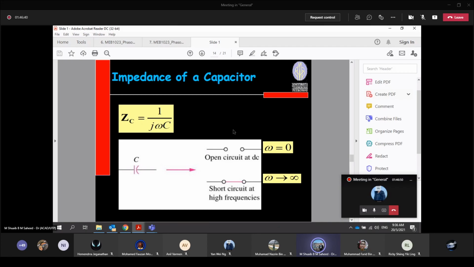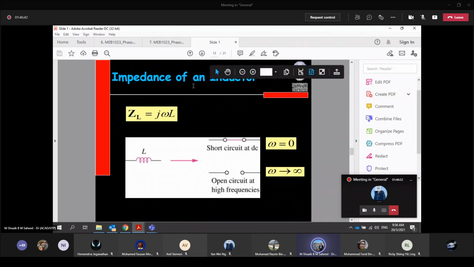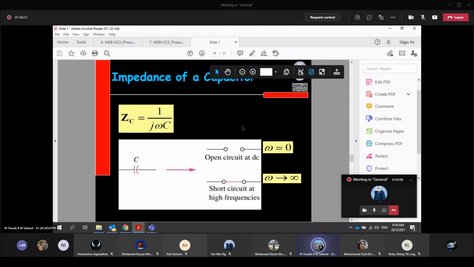Okay, straightforward. Any questions on these two? Impedance of inductor and capacitor at omega 0 and omega infinity. Any questions? For the impedance of the capacitor, does it matter if the capacitor is polarized or non-polarized?